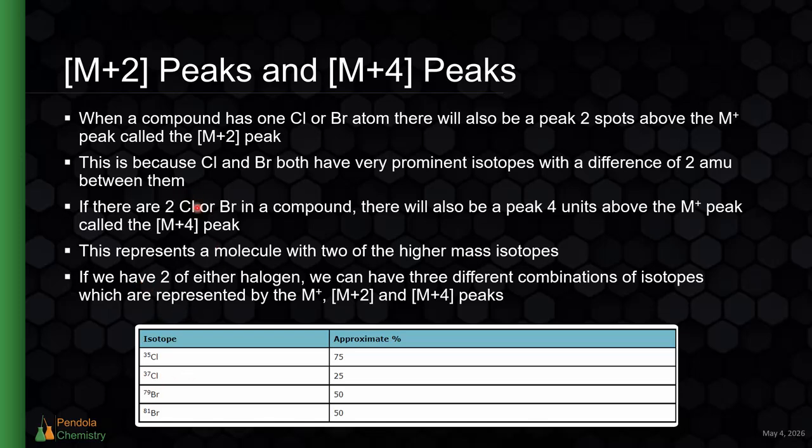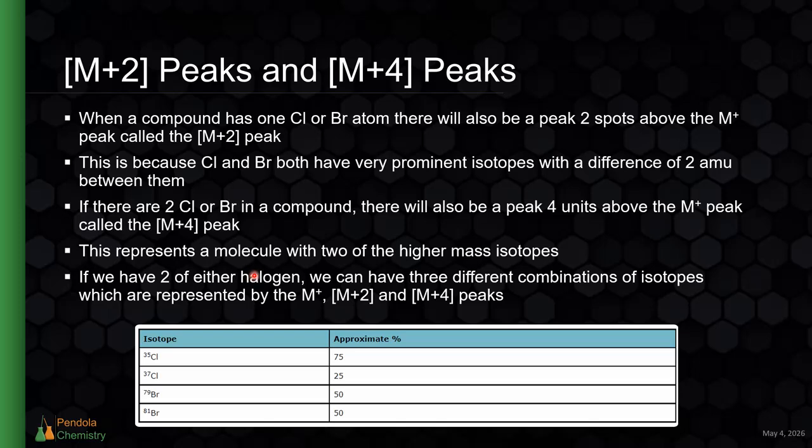But if there are 2 chlorine atoms or 2 bromine atoms, meaning we have a dibromo or a dichloro haloalkane, then there's going to be a peak at n+4. The n+4 peak is only going to be present if there are 2 of those atoms, not 1. And that will represent when there are 2 of the higher isotope in the molecule.